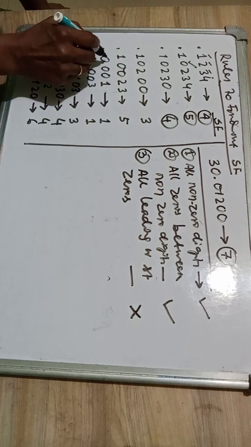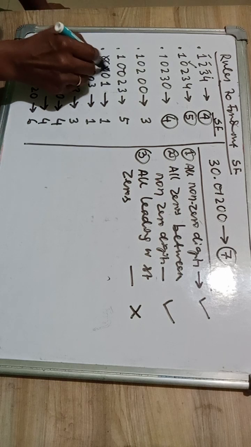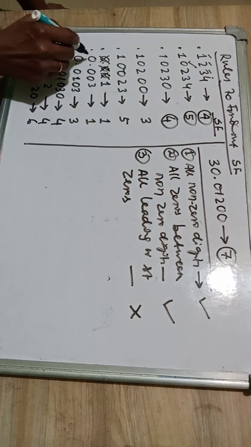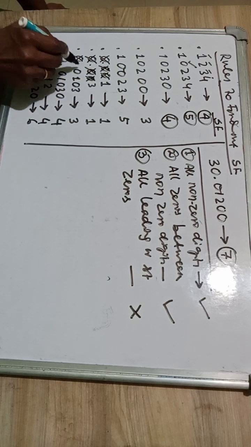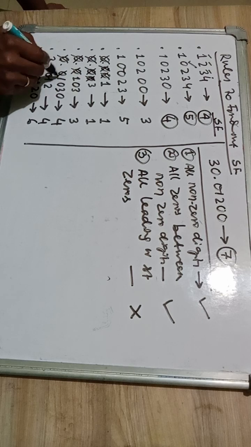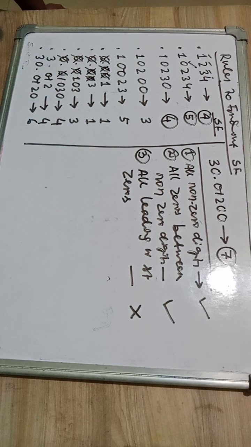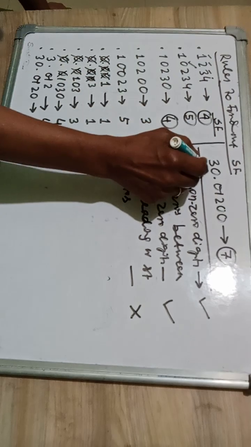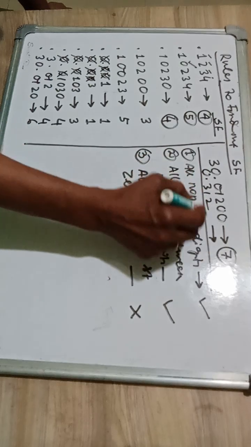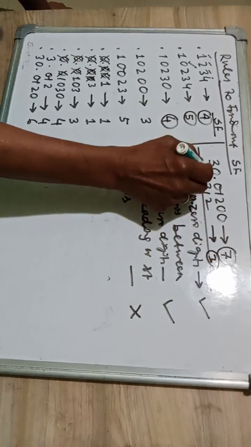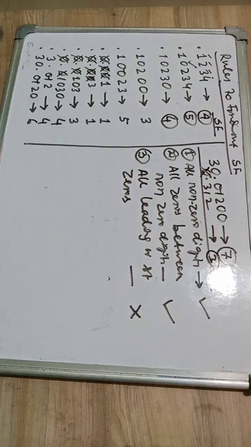Here, the left side zeros are not significant. If a number is 0.312, the significant figures will be 3, because again all leading or starting zeros are non-significant.